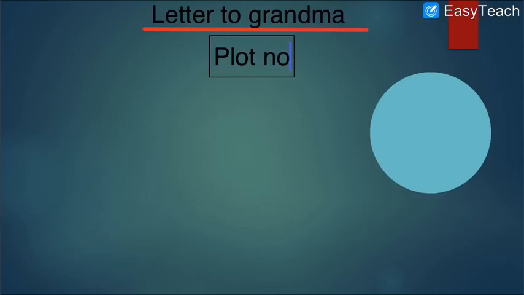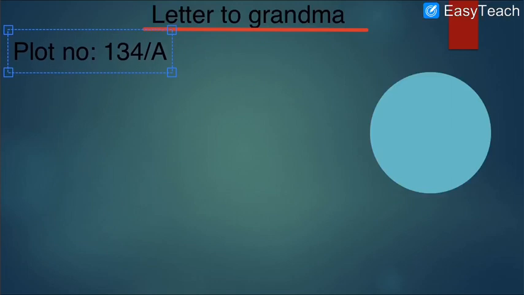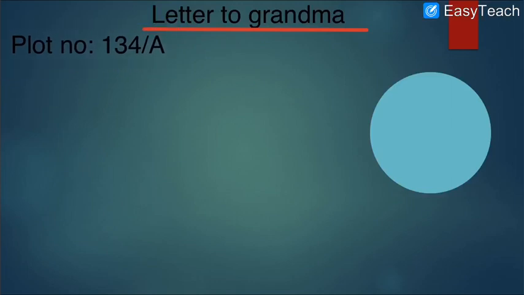Plot number 134 A. First plot number 134 A. Then what do we have to write here? Then I will write either street or any society's name.